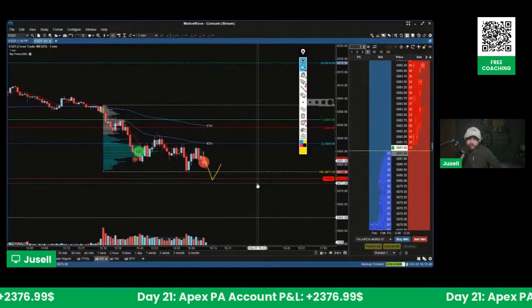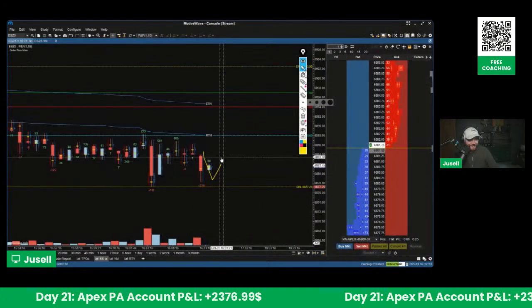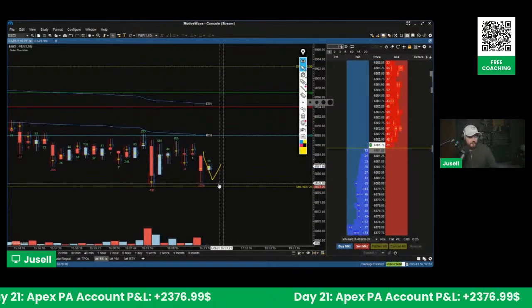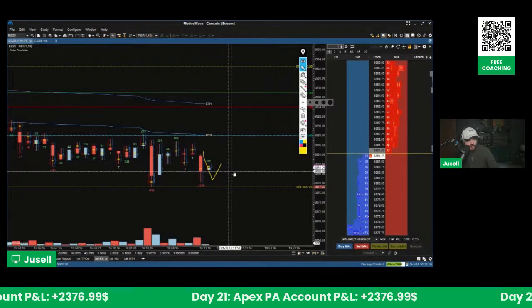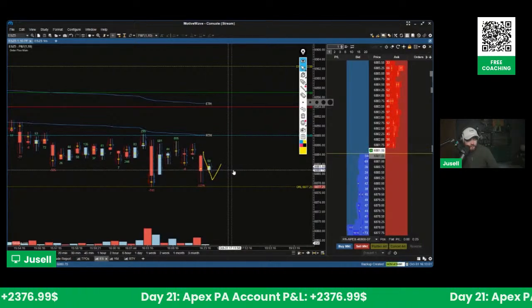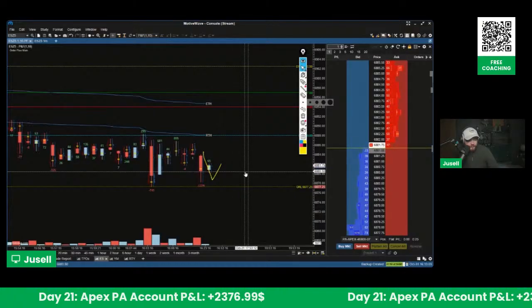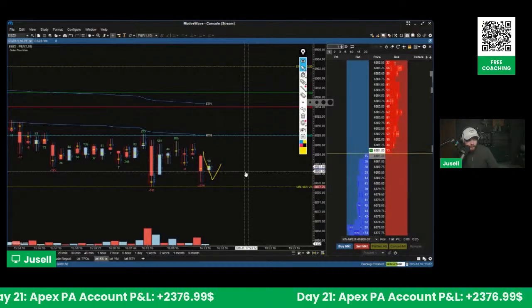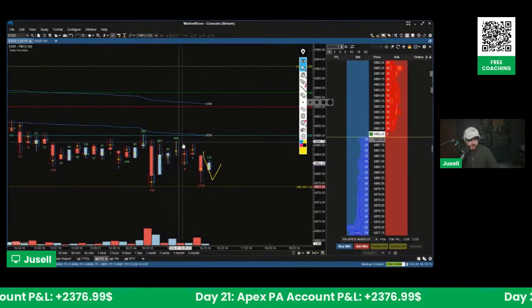Still struggling a little bit. Every time we say it's very, very close to taking it, then it turns a little bit, but not like a huge run of buyers here yet. Buying delta is quite slow still. And nothing really happening. The sellers are still on the pedal for sure.